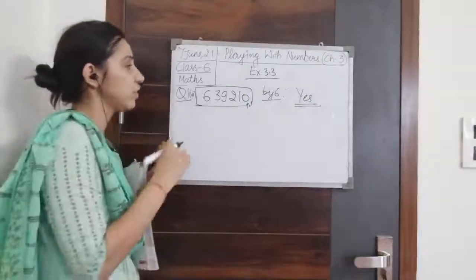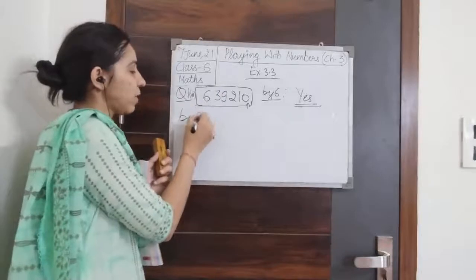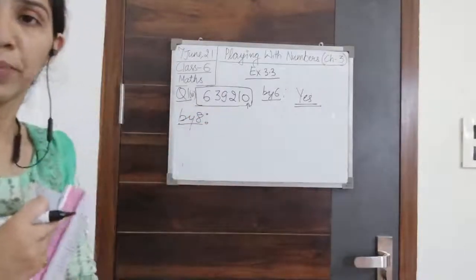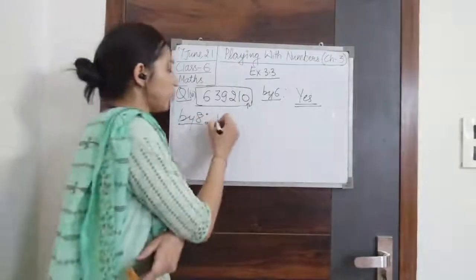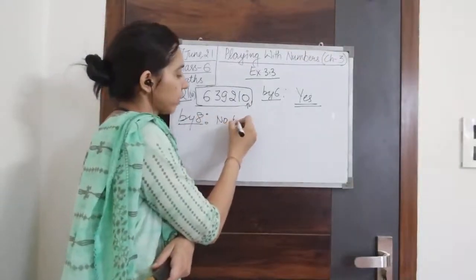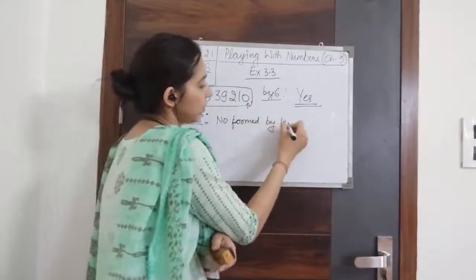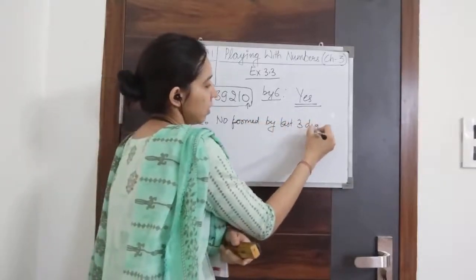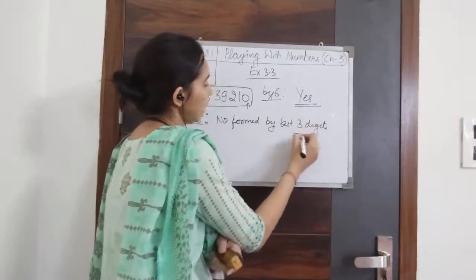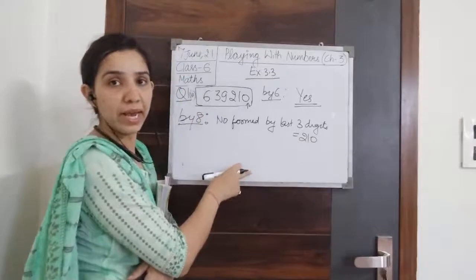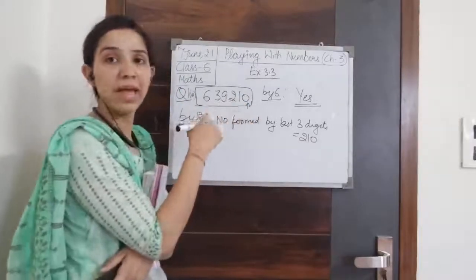After 6 you will check for divisibility by number 8. What was the rule for 8? If you remember, the number formed by the last 3 digits. What number is formed by the last 3 digits? 210. If this number is divisible by 8, it means the number is divisible by 8.